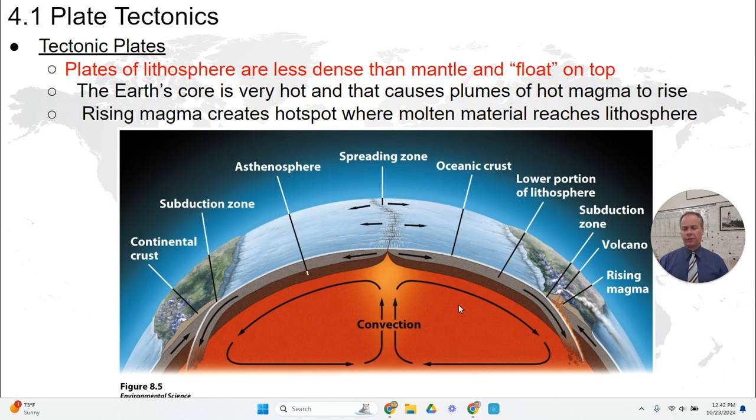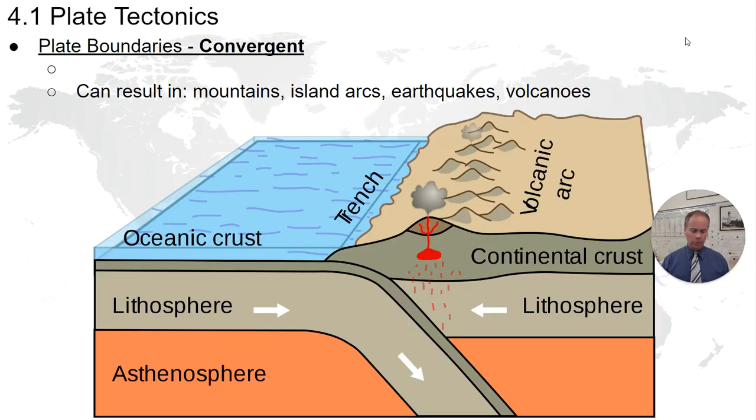And these subsurface activities of the mantle have impacts on the surface of the Earth. It creates things like subduction zones and volcanoes, mountain ranges, and ocean spreading, etc. And so we'll look at that in the next few slides.